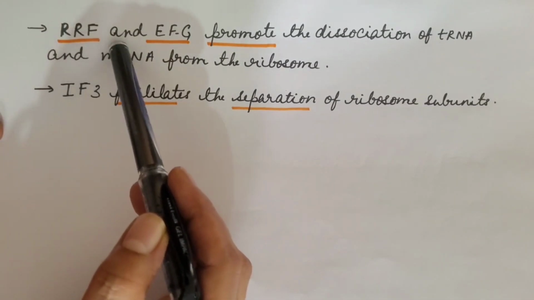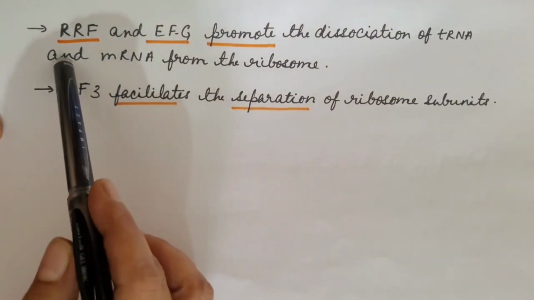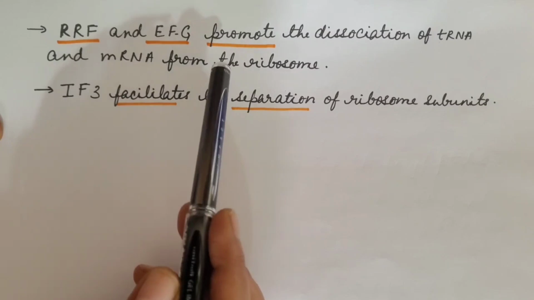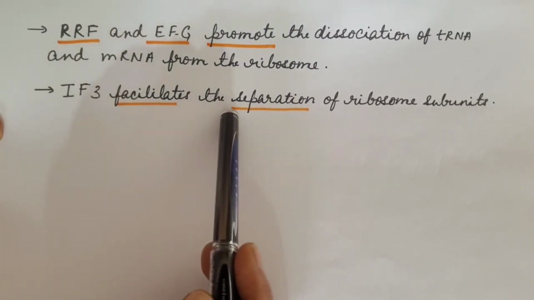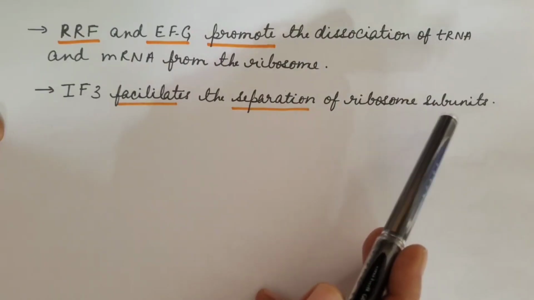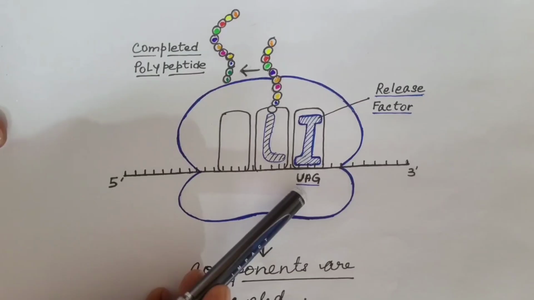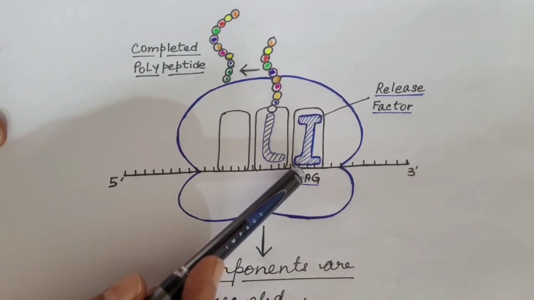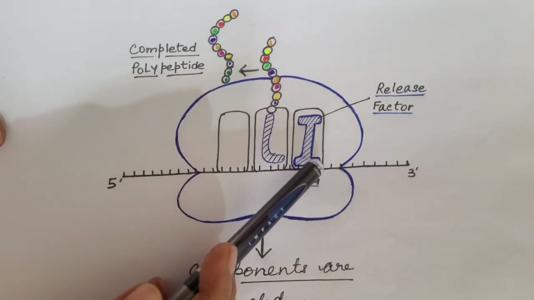Ribosome recycling factor and EFG promote the dissociation of transfer RNA and messenger RNA from the ribosome. IF3 facilitates the separation of ribosome subunits. Now let us understand this with the help of a diagram. When a stop codon enters the A site, it is recognized by the release factor.